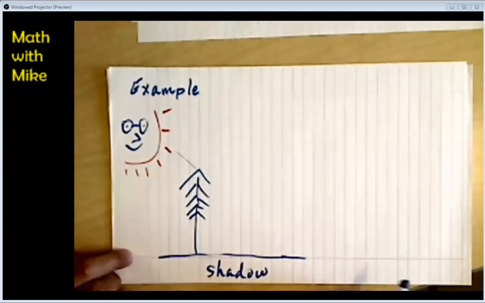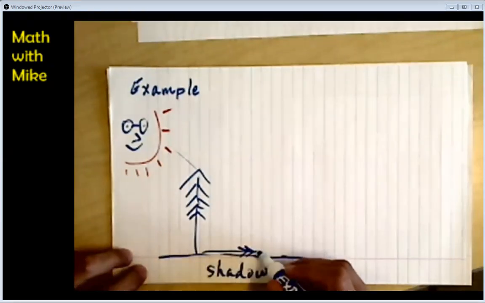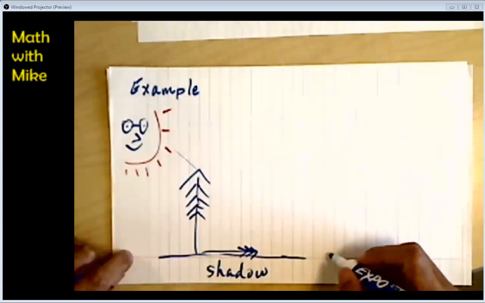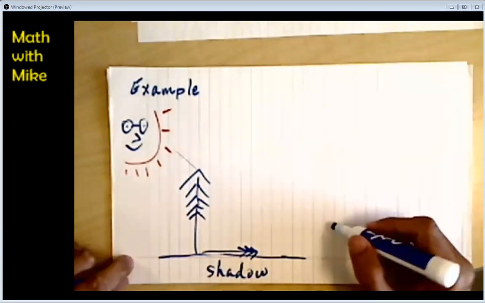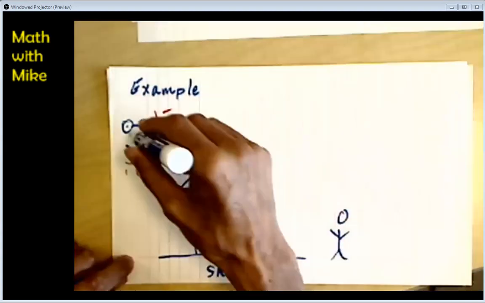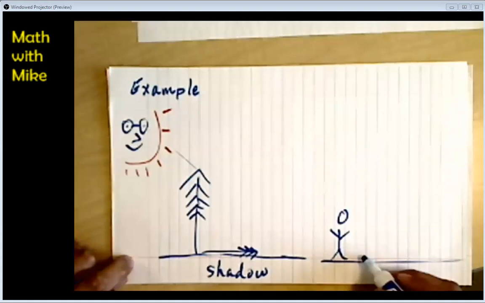You walk outside, the tree is going to have a shadow on the ground here from the sunlight. And if you are out there as well, when the sun shines down, you will have a shadow on the ground as well.